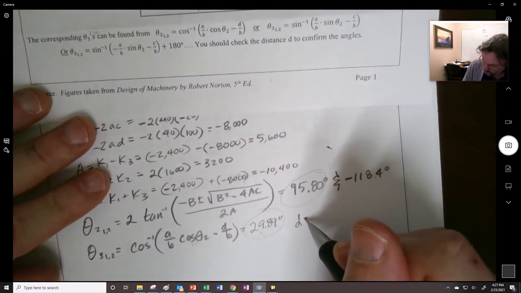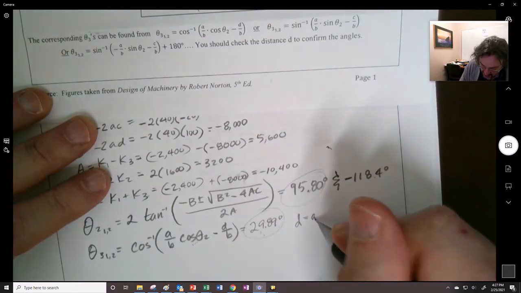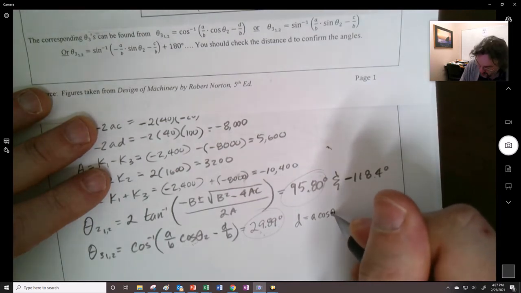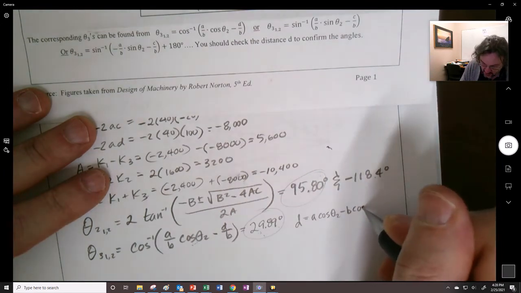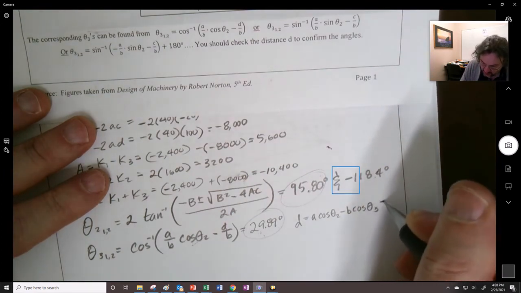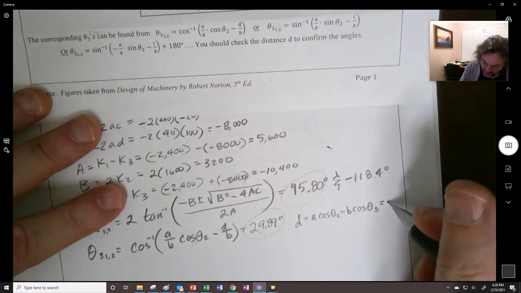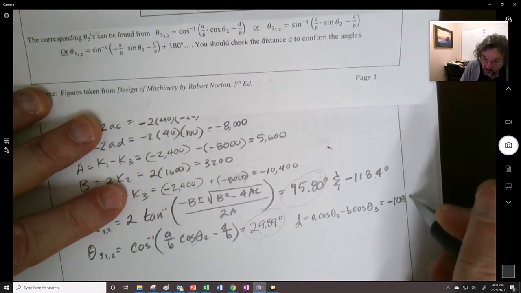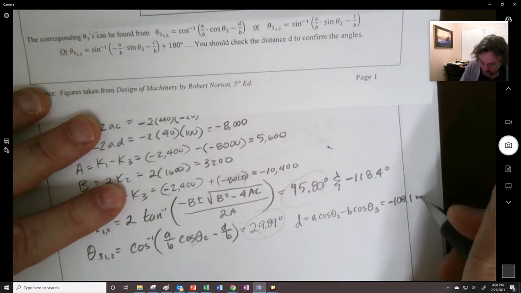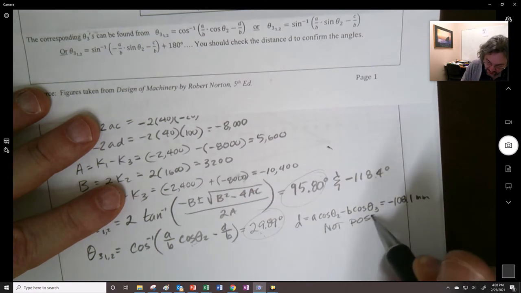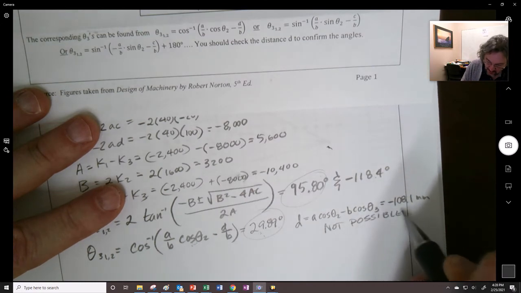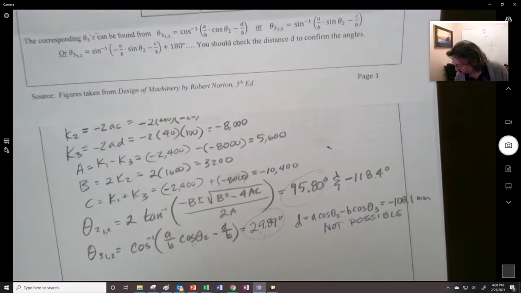So I solve for D, and that's going to be A times the cosine of theta 2 minus B times the cosine of theta 3. And what I end up finding is a negative 108.1 millimeters. And that's not possible. So that's one of the things I have to conclude from this.